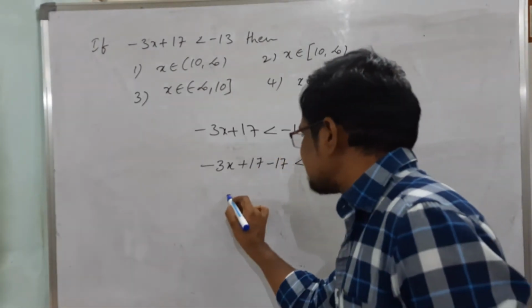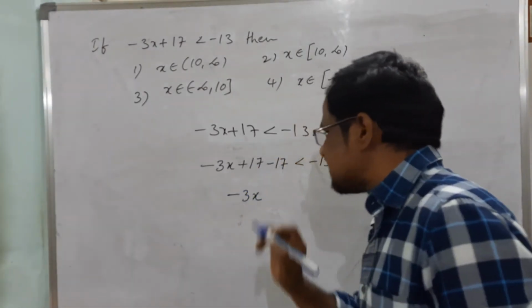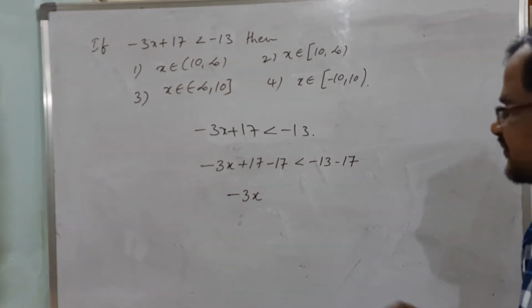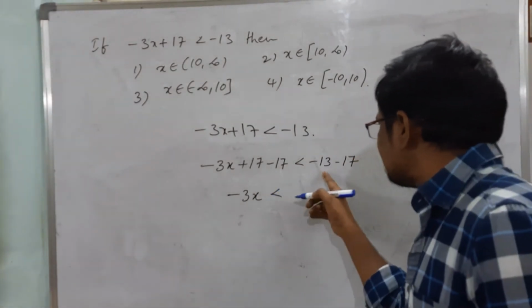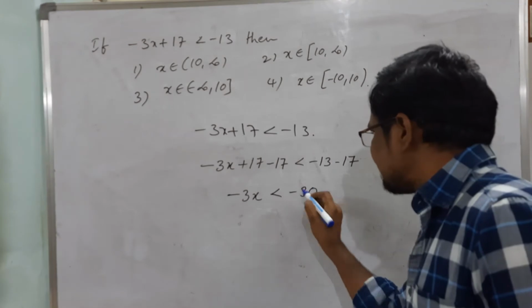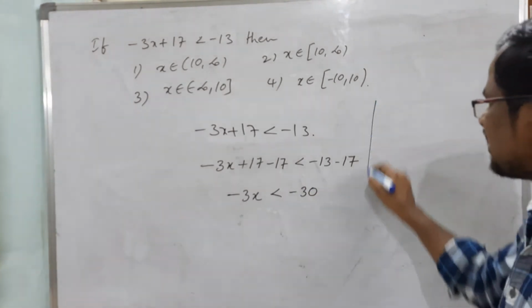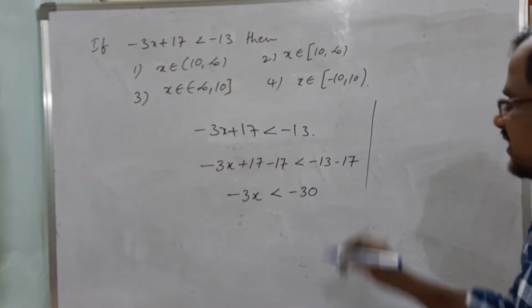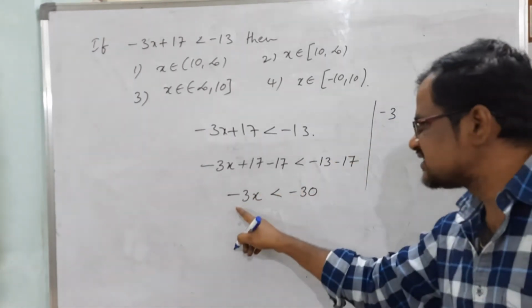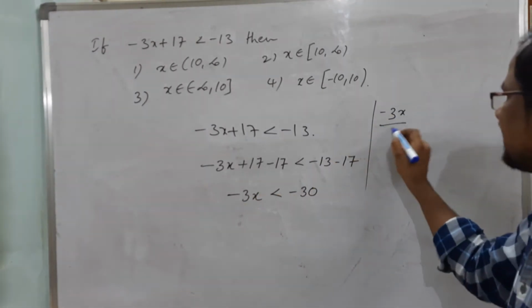Minus 17 plus 17 cancel, what remains is minus 3x less than minus 30. Next, we have to eliminate this minus 3, so divide by minus 3.